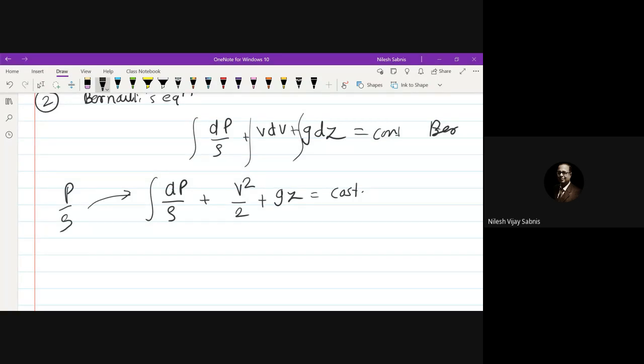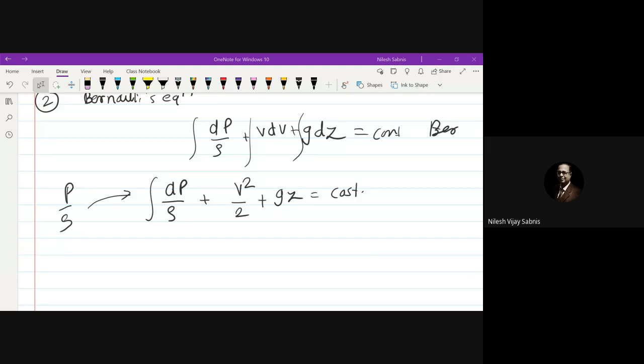With change in density, pressure also changes, so P and rho both are variables. The change of rho and P depends upon the type of process. The value of rho in terms of P is obtained and substituted in the integral of dP by rho. It will be different for the isothermal process and for the adiabatic process. How? Let's see.